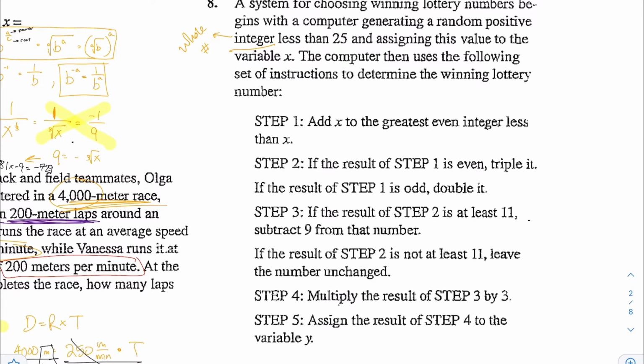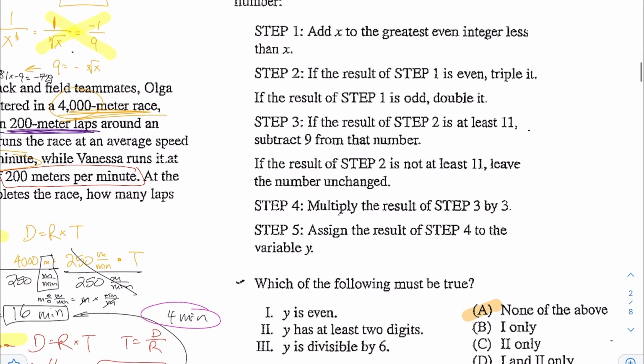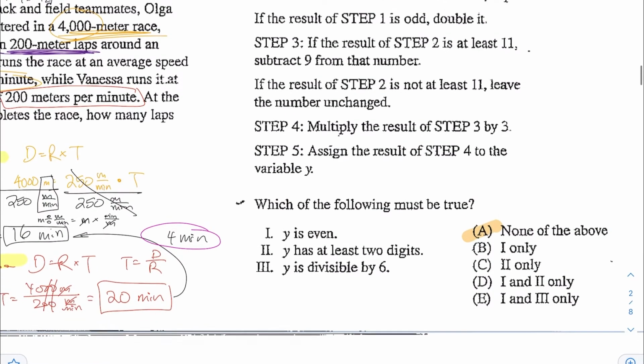Step 1, add x to the greatest even integer less than x. Step 2, if it's even, triple it. If it's odd, double it. Step 3, if the result in step 2 is at least 11, subtract 9. If it's not at least 11, leave the number unchanged. Step 4, multiply by 3. And step 5, assign the result of step 4 to the variable y. You want to know which of the following must be true.